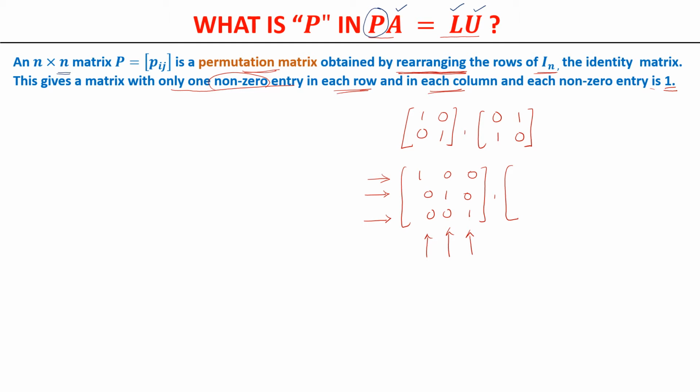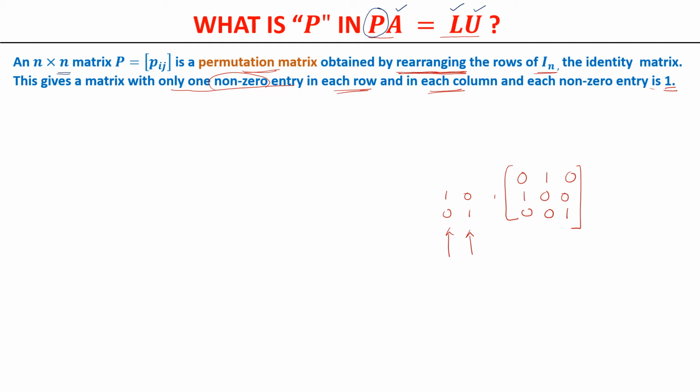So you could even rearrange them. That's what we mean by rearrangement, where you could interchange rows this way and then place it, and that same condition would be satisfied.